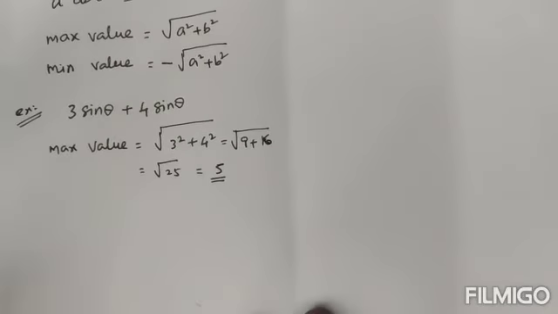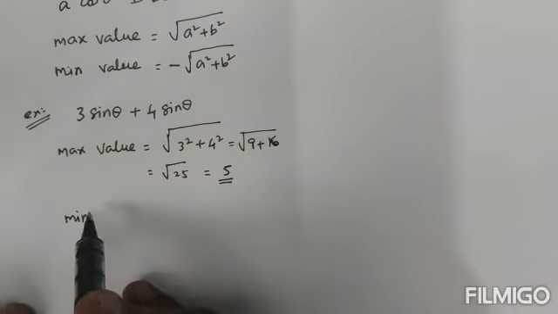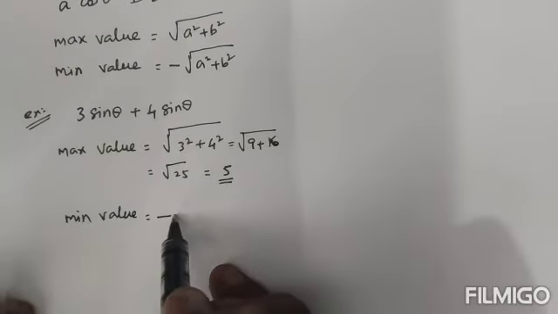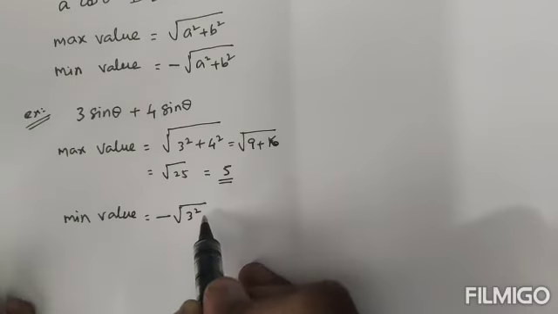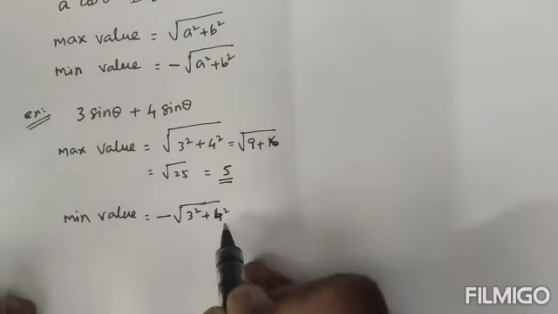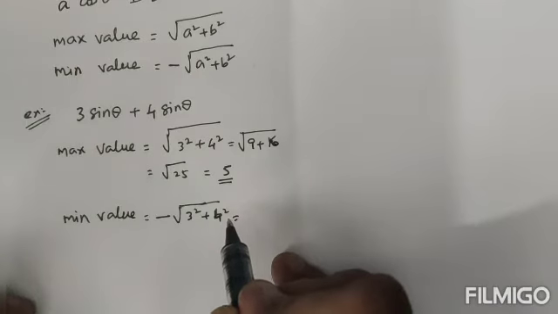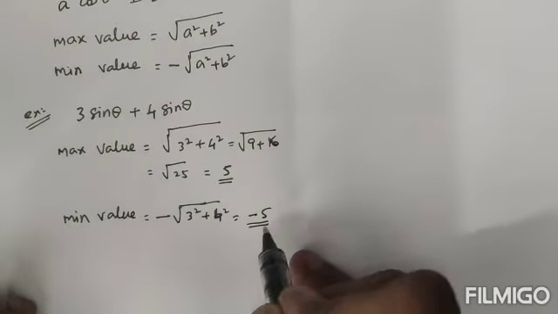Suppose in the same question they are asking the minimum value, you know the formula: first minus, whole root of a squared plus b squared. Again a squared is 3 squared, b squared is 4 squared. So the root of 25 is 5, so minus 5 is the minimum value.